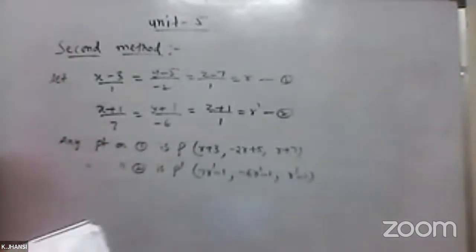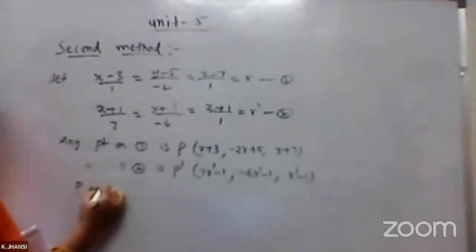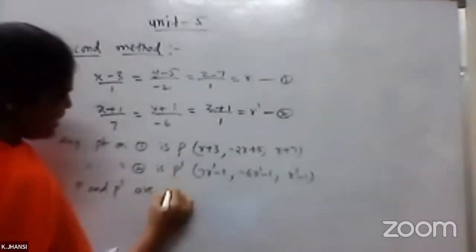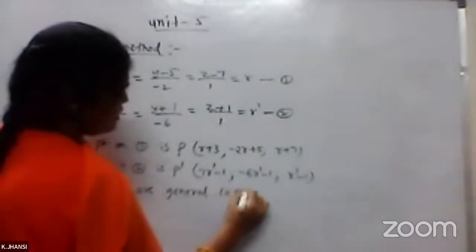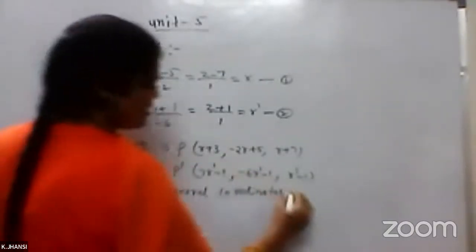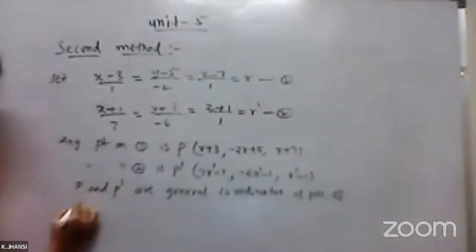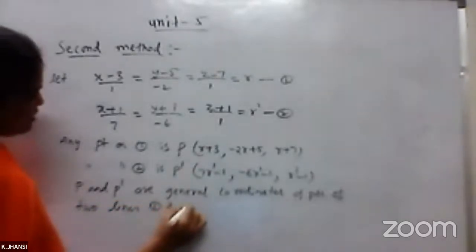Next, p and p dash are general coordinates of points of the 2 lines 1 and 2.